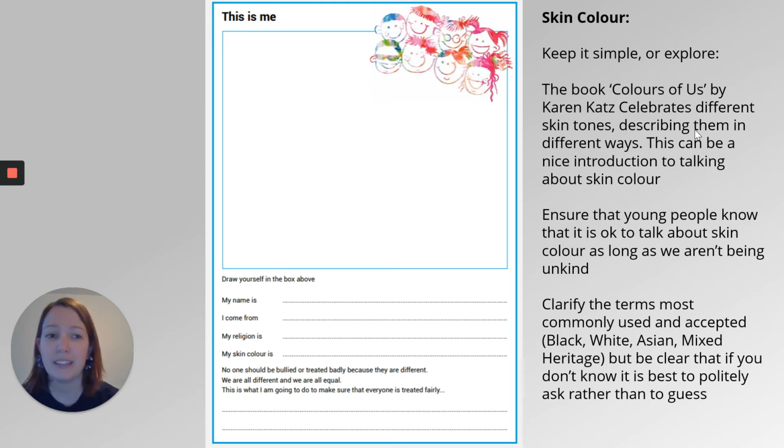You should also explain then that whilst you may choose to use a particular way to describe your own skin colour, the generally accepted terms when talking about skin colour are black, white, mixed heritage, and Asian, or if you can be more specific, such as South Asian or East Asian. Some people may choose to describe themselves as brown, but this isn't currently an accepted term to describe others. If we're ever unsure how best to describe someone's skin colour, it is best to politely ask rather than guess.